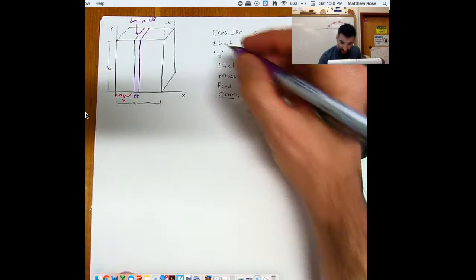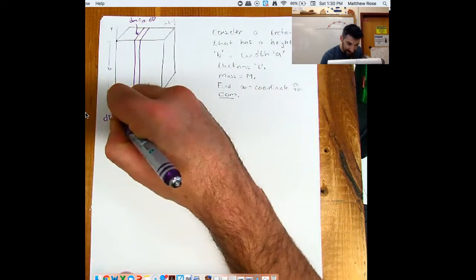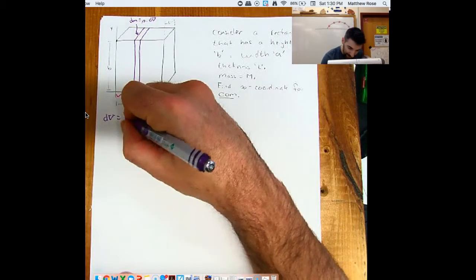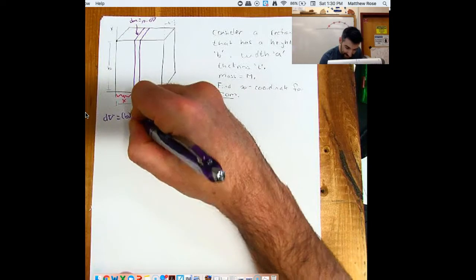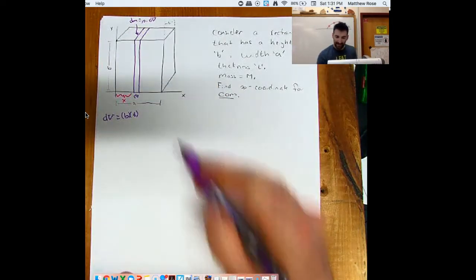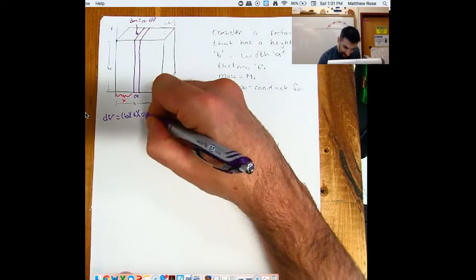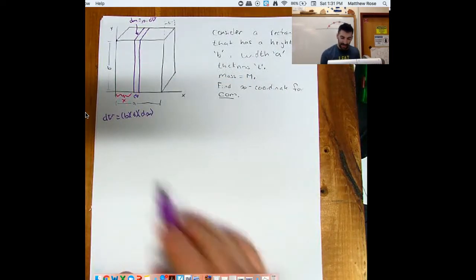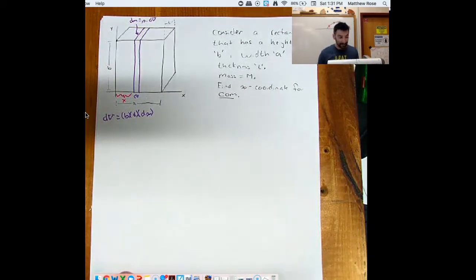My differential volume, I'm going to say dV is equal to the height, that's b, times the thickness, that's t, but dV, this very small part, then I'm going to need times dx, right? So that is my differential volume unit, just like the volume would be b times t times x. We can use this about different things, macroscopically and microscopically, right?